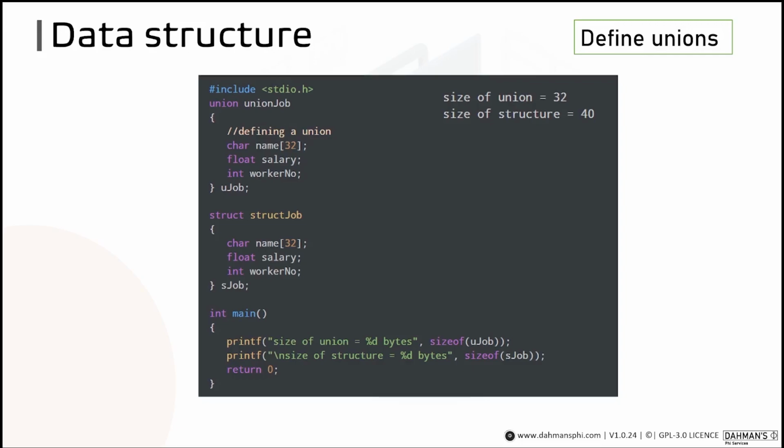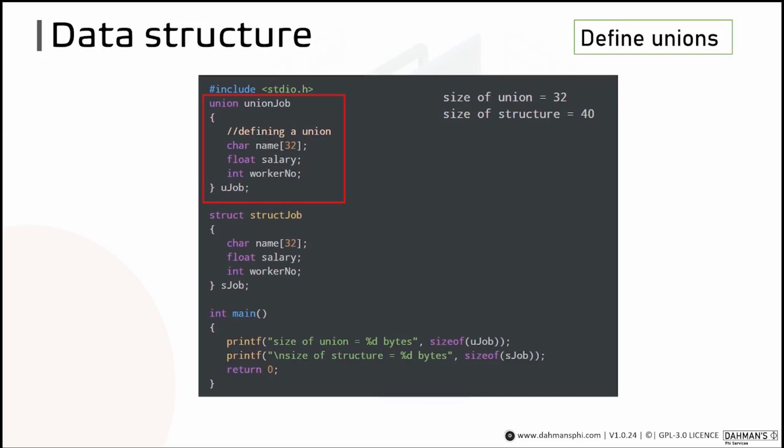Imagine in this snippet of code on the screen, we have two different definitions. The first is of type union, which we define the same exact way as a struct, but the key difference here is the keyword union, and we call it union job, which has three different variables. The first is a character array name of size 32, and then float salary, and then float workerNumber.